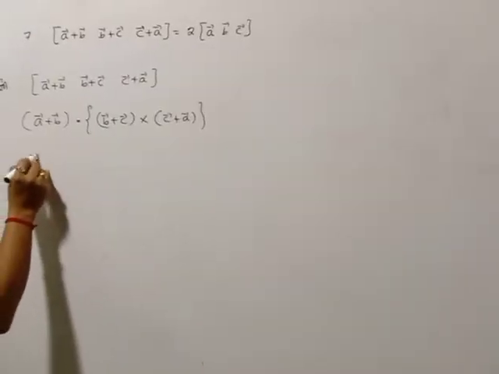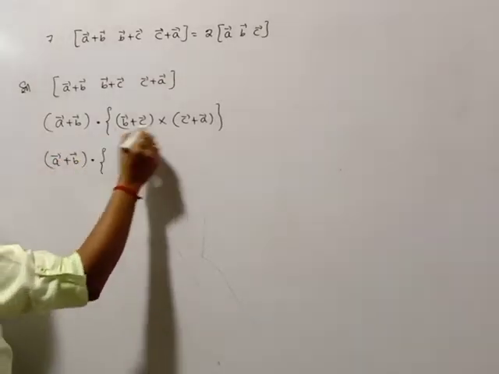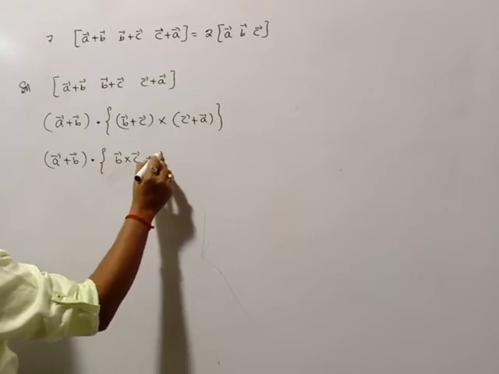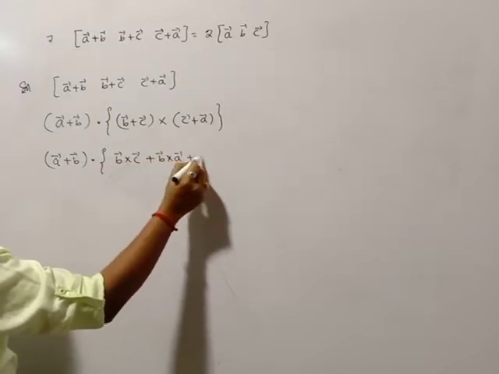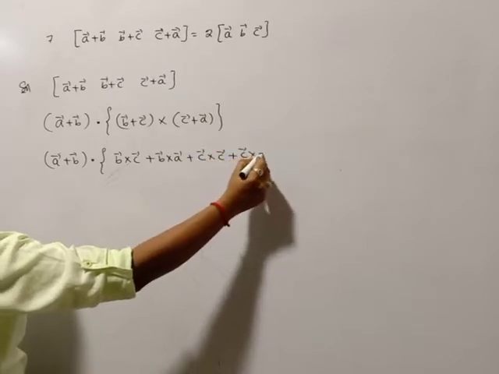Take the cross product: B bar cross C bar plus B bar cross A bar plus C bar cross C bar plus C bar cross A bar.